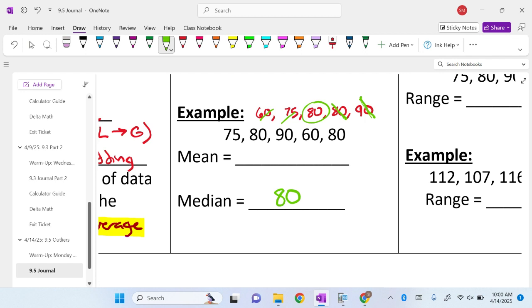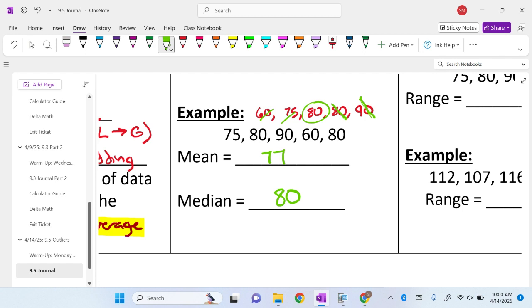Now, if you take the mean, you're going to add up all those numbers and divide by what? 5. There are 5 numbers in that data set, so go ahead and do that in your calculator. It is 77.